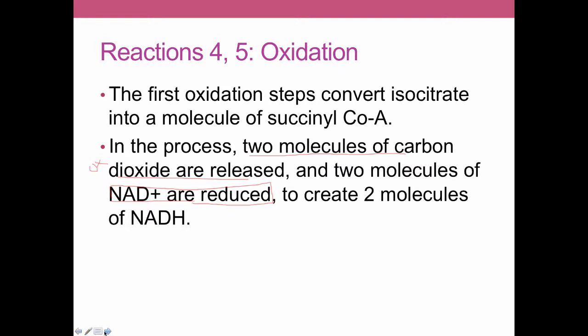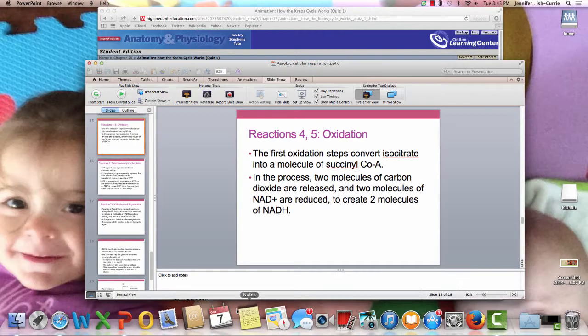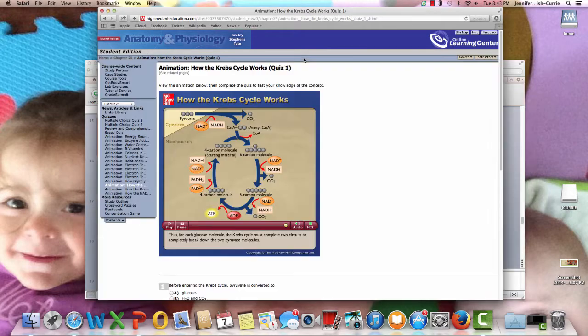All right. So if you go back to the animation and the way they represented it, I just want to show you this picture rather than fussing with my screencast on my pen. We've got our 6-carbon molecule. So basically what we're going to do is lop off a carbon dioxide. This isocitrate actually has a carboxyl group floating around in the middle of nowhere.